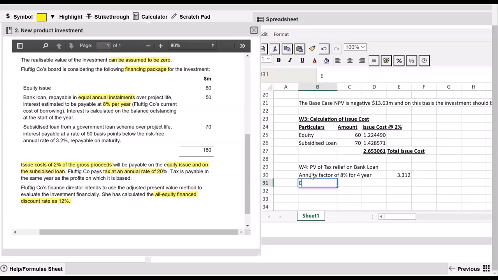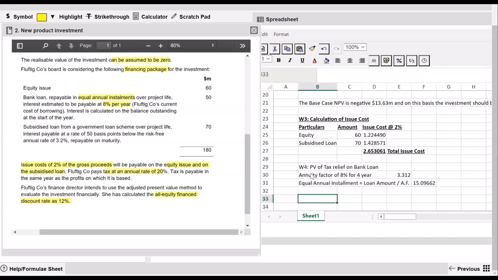Now the equal annual installment is the loan amount, 50, divided by 3.312, which turns out to be 15.096.